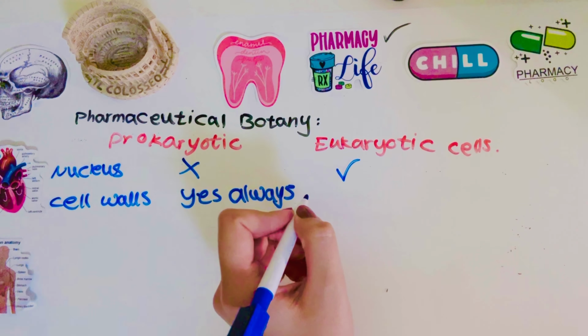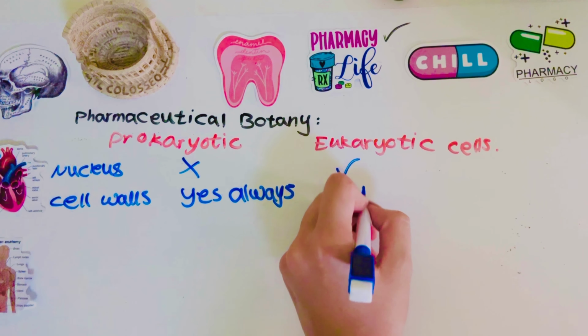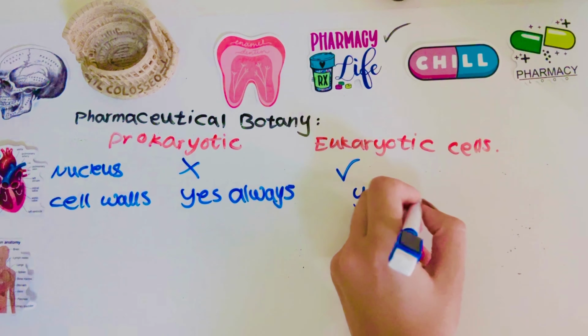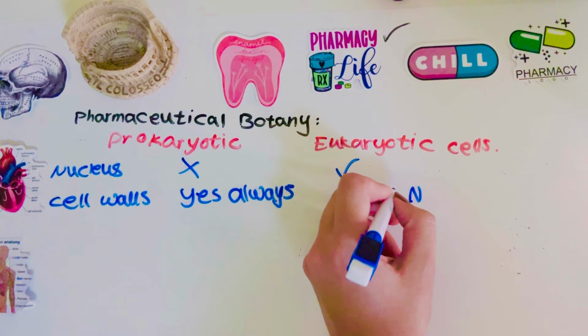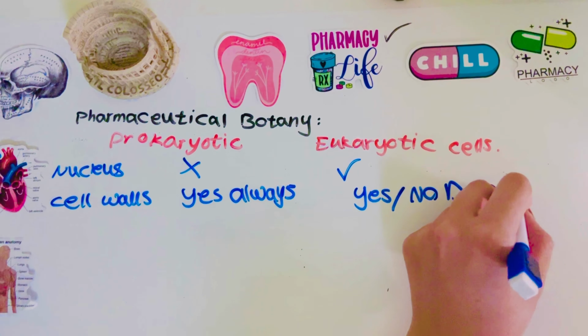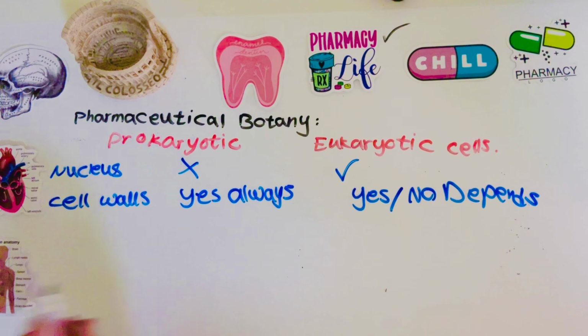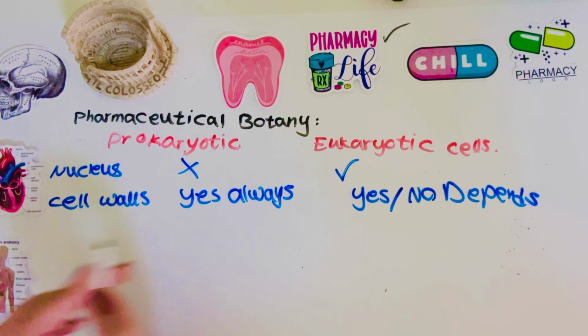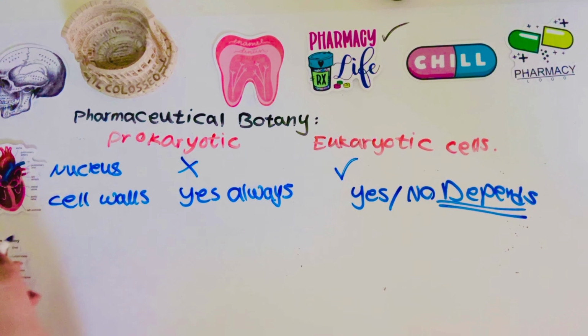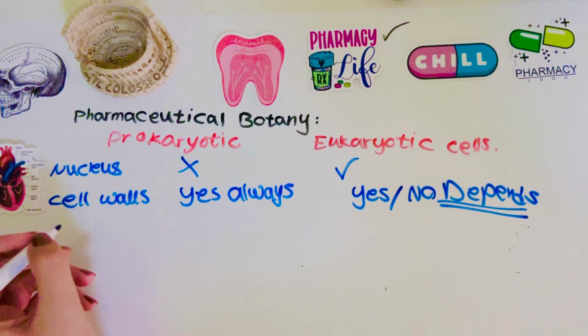But for eukaryotes, you can also say yes, but it depends. Like yes and no, it depends. We will talk about it in more detail, like what the reason is that we are saying it depends. Okay, cell membrane.